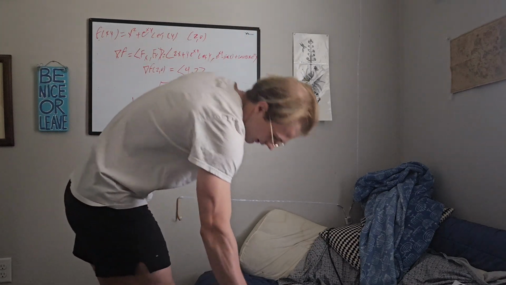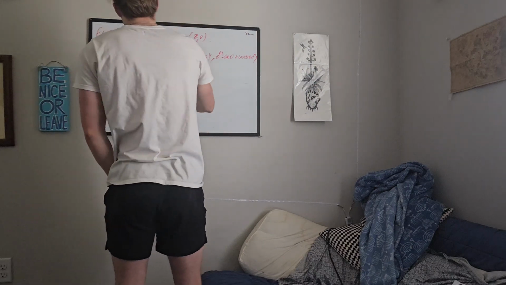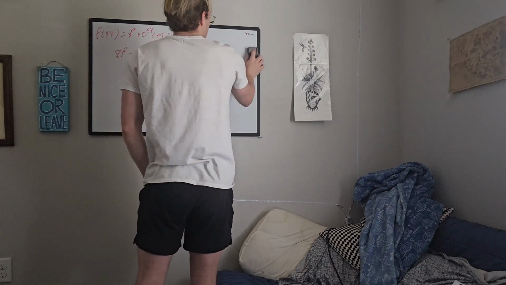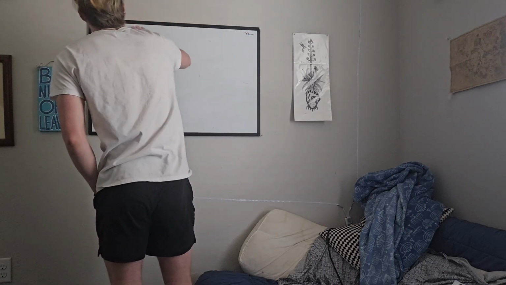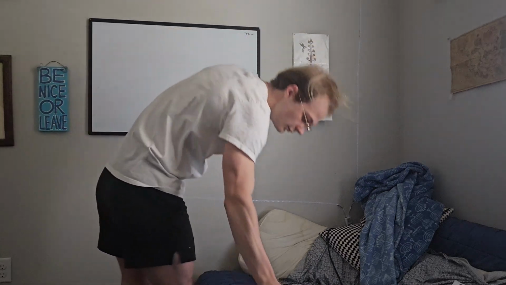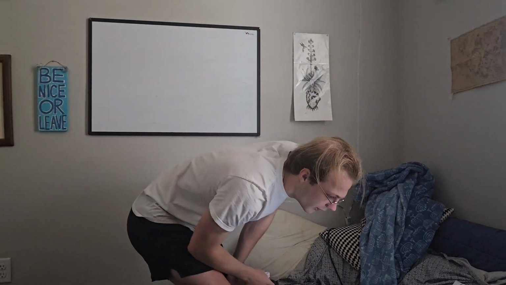Okay, well, next is linear approximation. This one involves a lot of writing. And they also give you an equation. So I guess I'll write that equation real quick. Such a long equation.